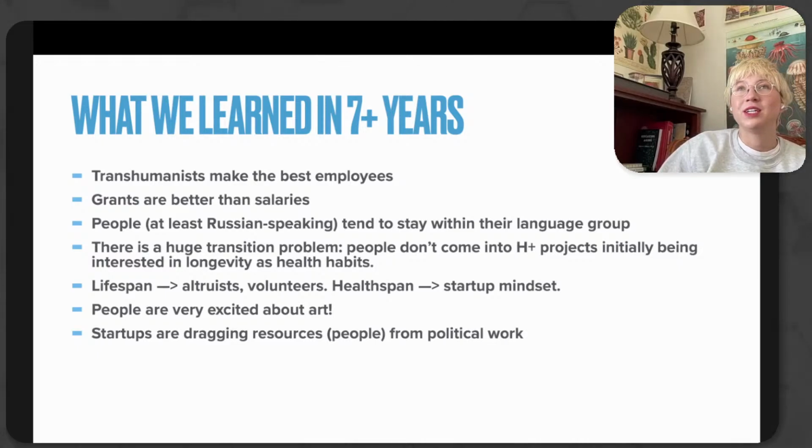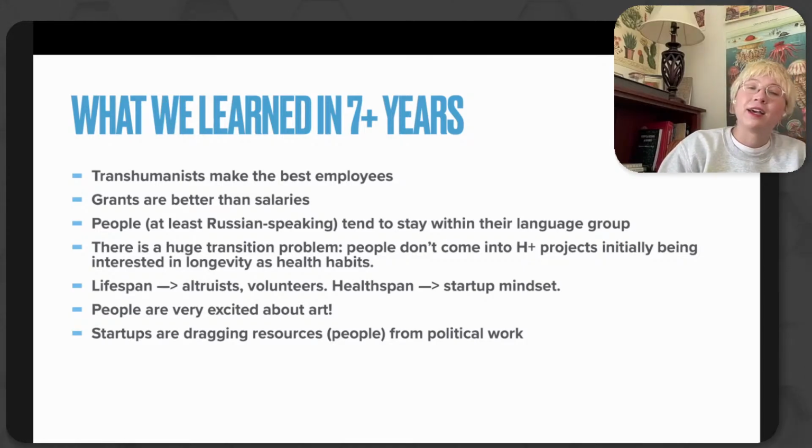Well, some of them will be interested in something in longevity, but there is a huge risk that they will stay interested only in that part, and they won't go into advocacy work or research work.